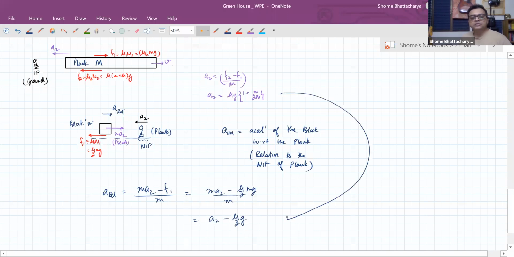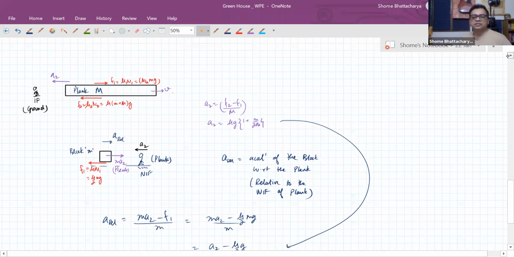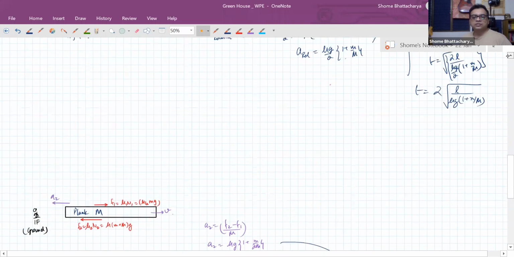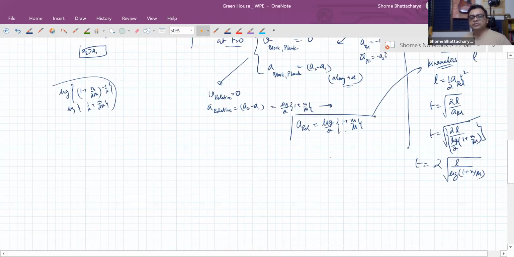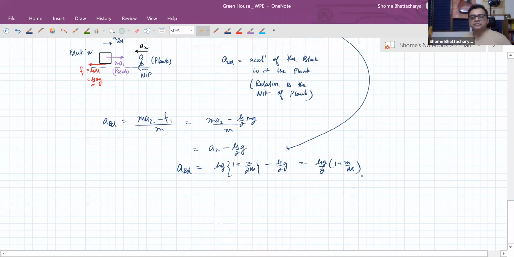Now you substitute this here, and we'll get this. So you see, you're directly getting this A relative term, which we had got by using kinematics. If you notice here, we got the same value of A relative. Now you're getting it by solving this one's FBD in that frame only.